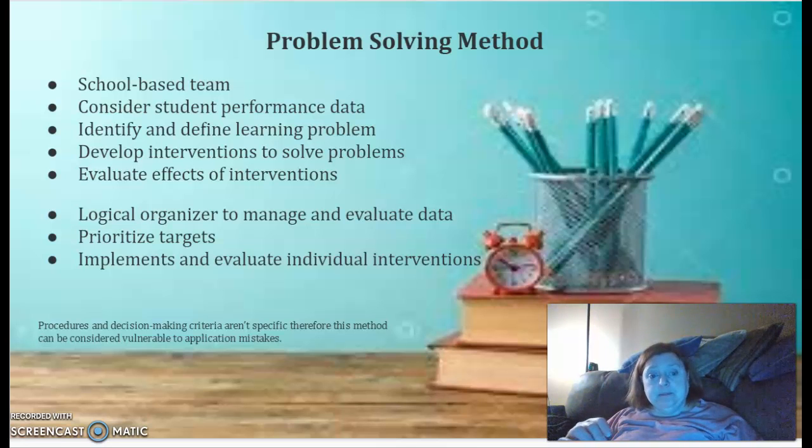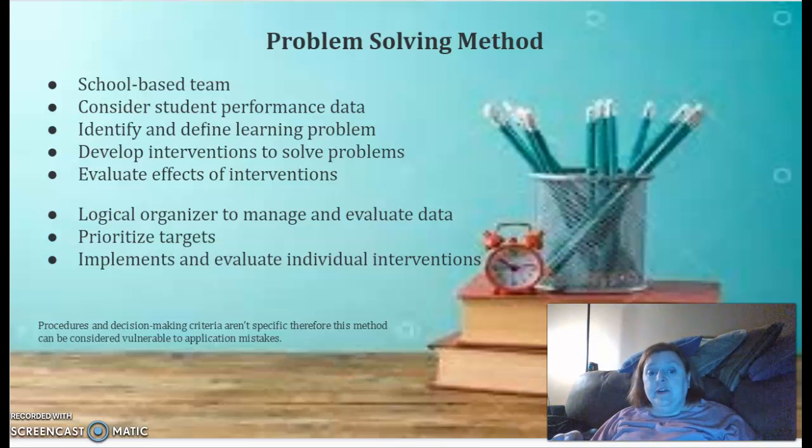A school-based team considers student performance data. They collect the data and analyze it, and then they identify and define any learning problem from that data. Once they've identified that problem, they develop interventions specifically to solve it.